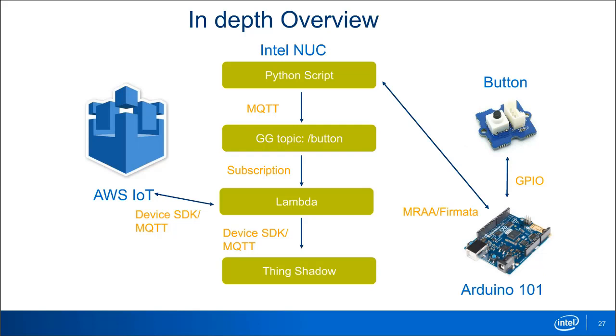The Arduino passes on that message about the pin going low to the gateway using MRAA and Firmata, like I mentioned earlier, to a Python script that's running on the gateway. When that script detects a button press, it publishes a message to the local Greengrass broker topic, in this case, /button, using MQTT.